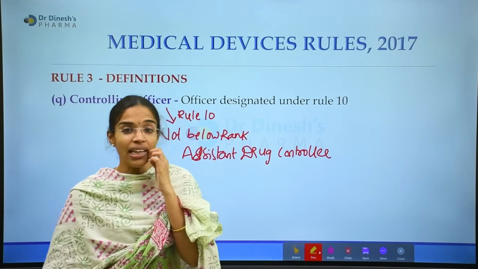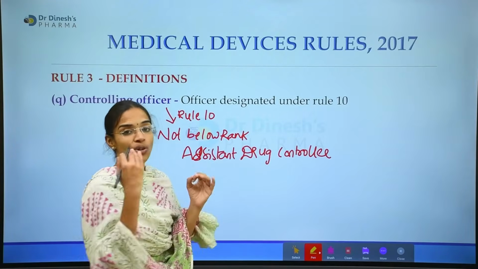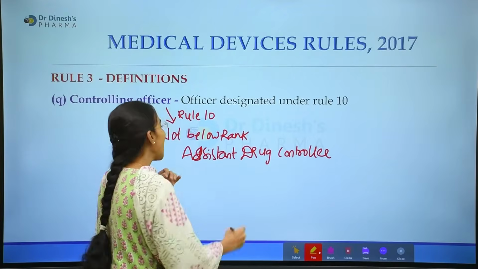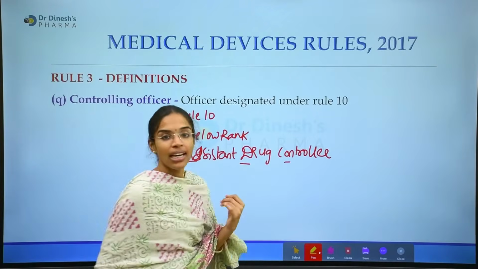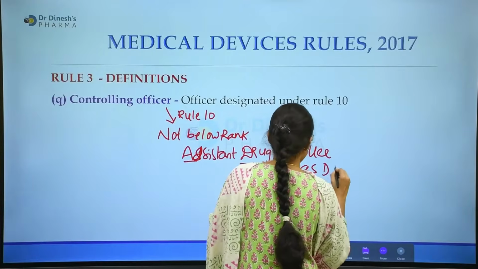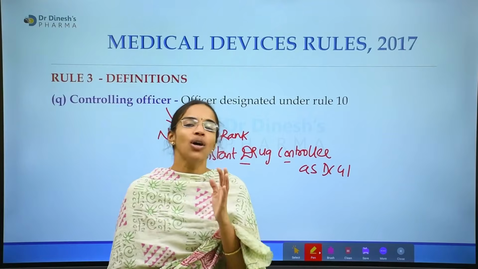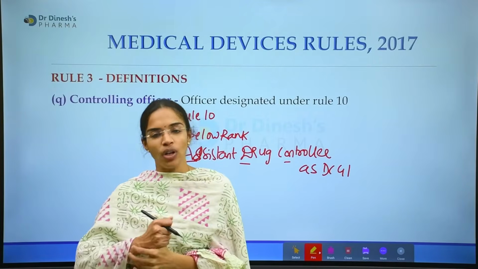Any officer who has a rank not below the rank of assistant drug controller, as designated by the DCGI, as designated by the drug control department, is deemed to be a controlling officer.